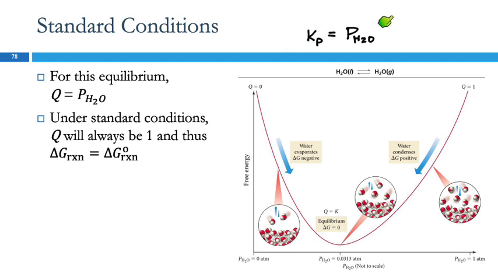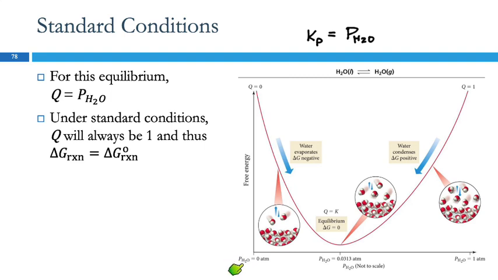So Kp is just equal to the pressure of water, okay? Q is calculated exactly the same way as K. It's just that it doesn't have to be at equilibrium. Under standard conditions, what is the partial pressure of H2O? 1, right? Under standard conditions, Q is 1, and so then delta G will equal the standard free energy change.